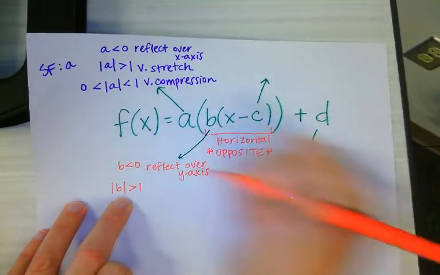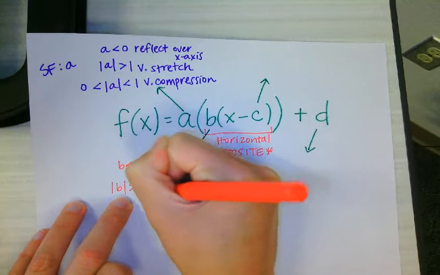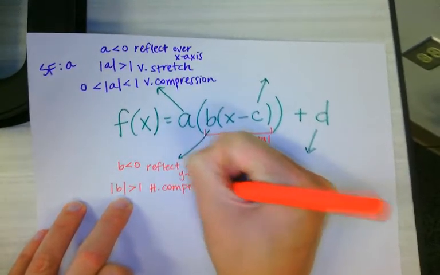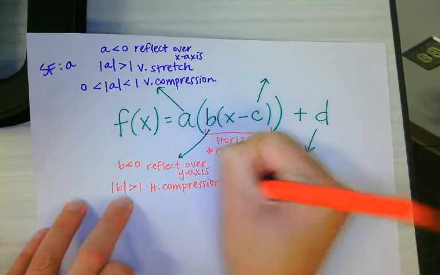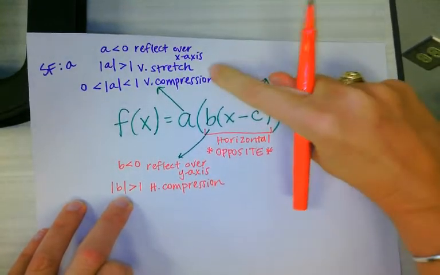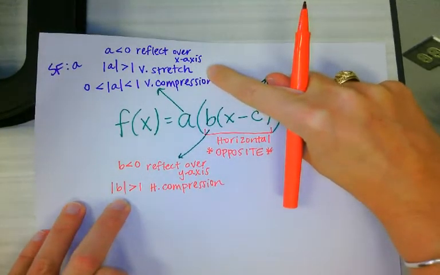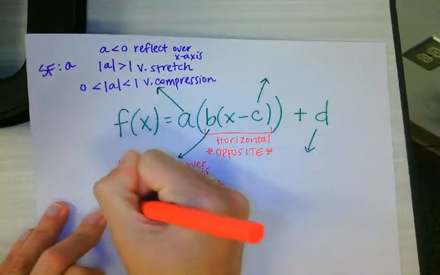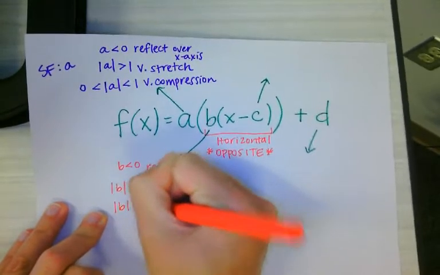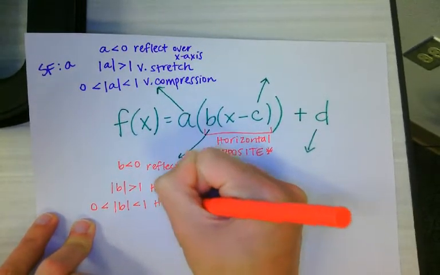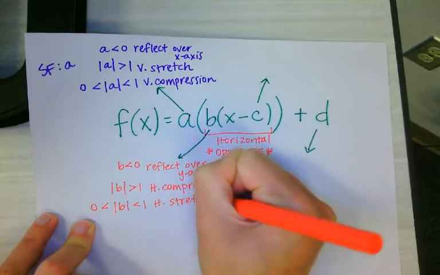If that value is greater than 1, it actually creates a horizontal compression. So notice that's the opposite of what just happened with our vertical change. If that value is between 0 and 1, then I have a horizontal stretch.